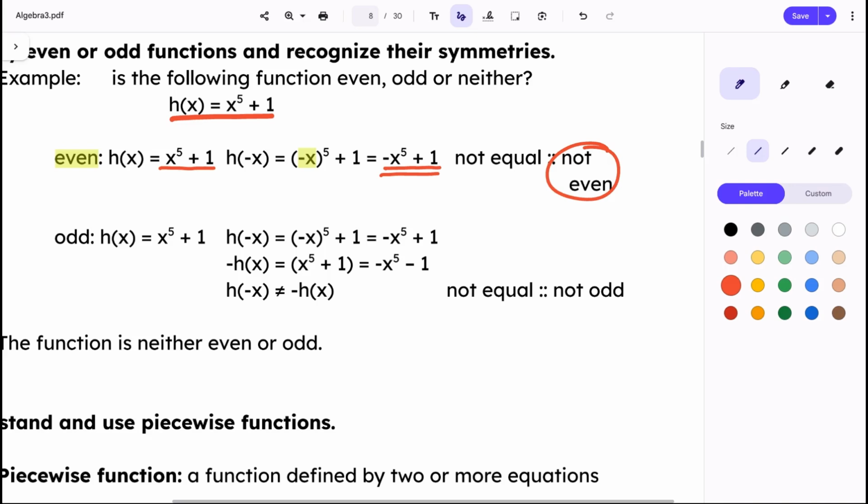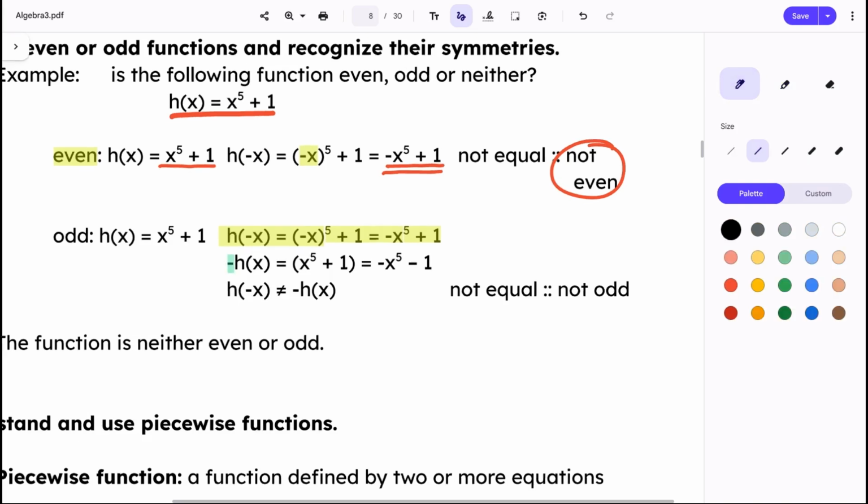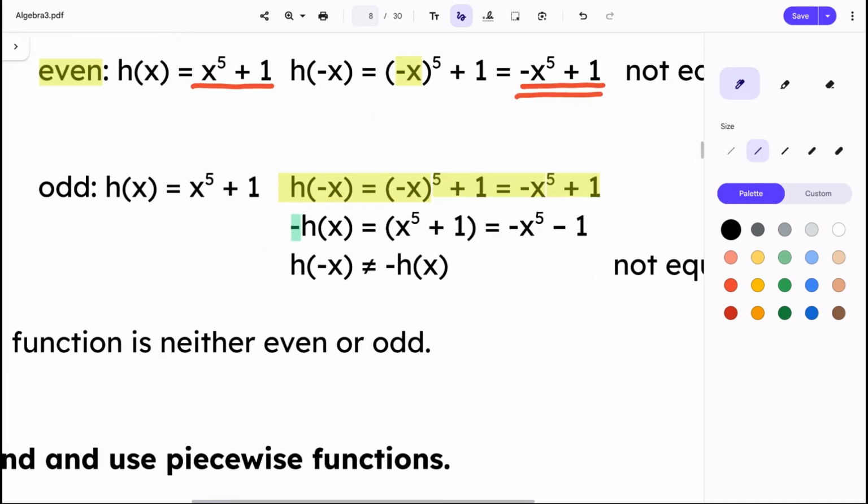So then we go on to check to see if it's odd. They're showing you here that it fails the test for even, and that's what we have to compare it to now when we test it for odd. So then look at what they did for odd. We had a negative here, and there is a typo in your notes. Right here on this parenthesis, there should be a negative right in front of those parentheses.